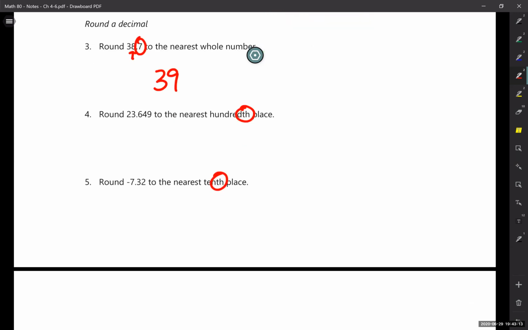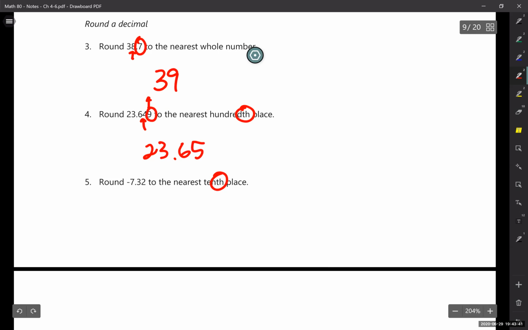The hundredths place, that's where the 4 is located. So I'm looking at the 4, I ask the 9 what to do. Ooh, that circle even covered up the 4, so I almost forgot what number I was talking about. But that 9 is telling us to round up. So we keep all those numbers in front the same. The 4, well, the 9 told it to round up to a 5.